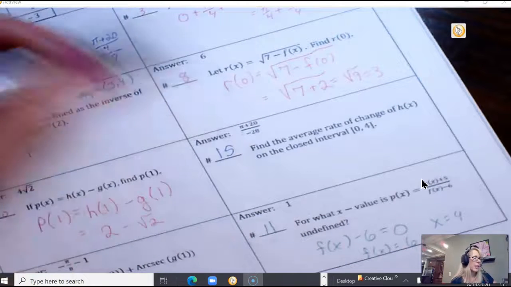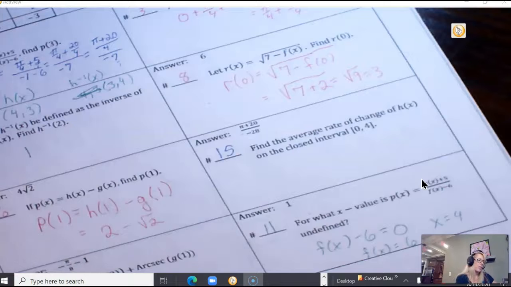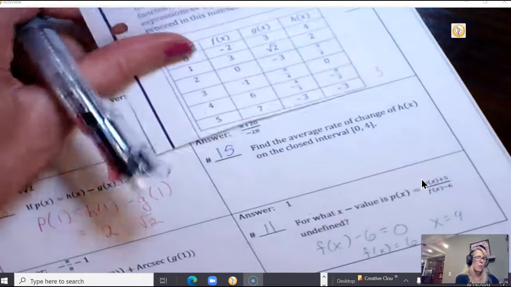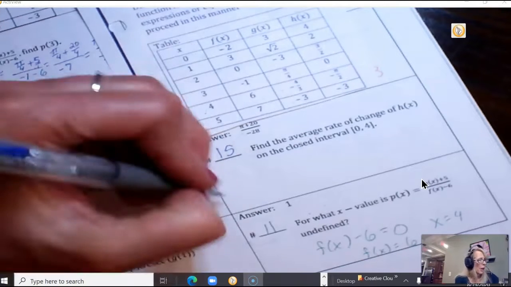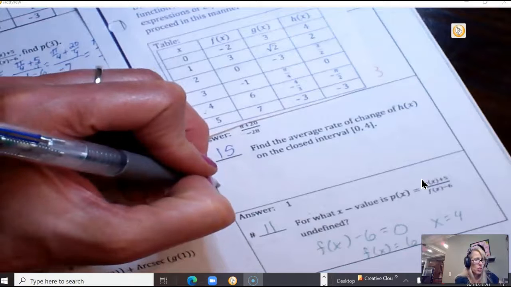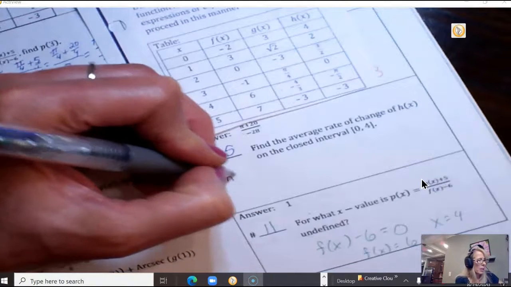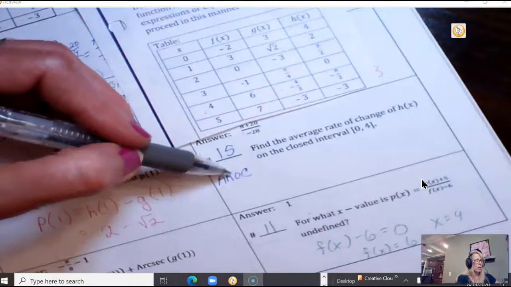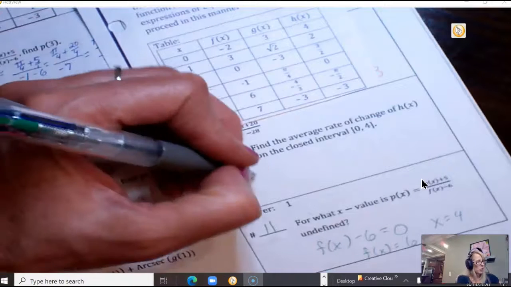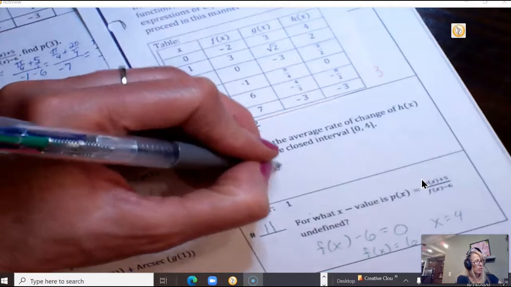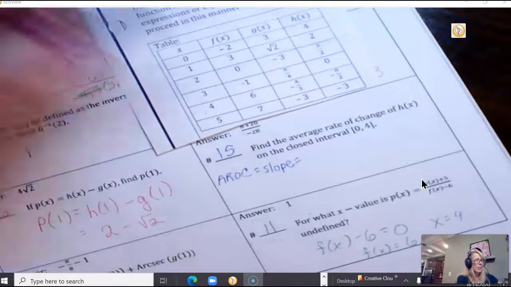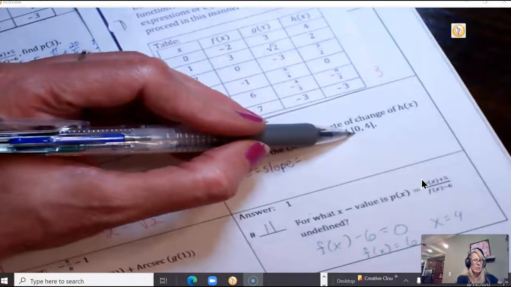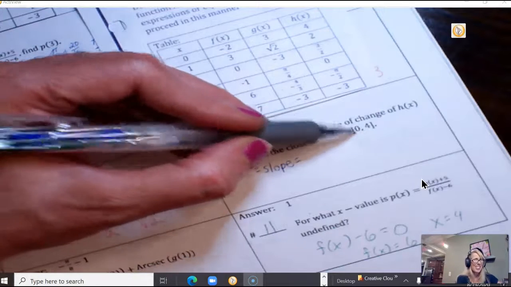This one says find the average rate of change of h of x on a closed interval from 0 to 4. So average rate of change, remember, and I like to write the abbreviation AROC, average rate of change, is just the slope of a secant line that connects the 2 points where x is 0 and x is 4.